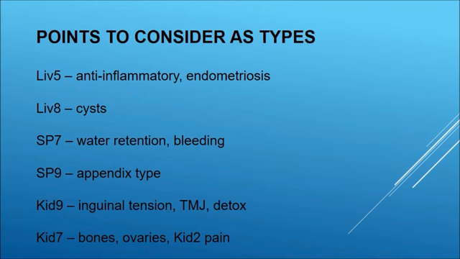Before we end, let's look at some popular points that we tend to use in certain conditions. They're sort of synonymous with these conditions, reflexes or types. Often a patient will become type X, meaning you know that the essence of the diagnosis is to treat that type. And often they will be a point X patient, meaning that point X is the essence of the treatment, the most important point for them.